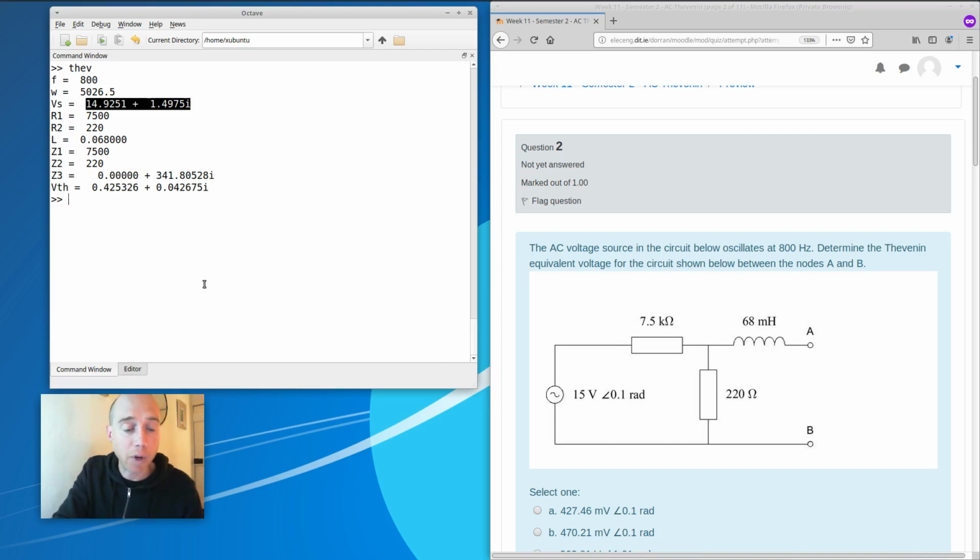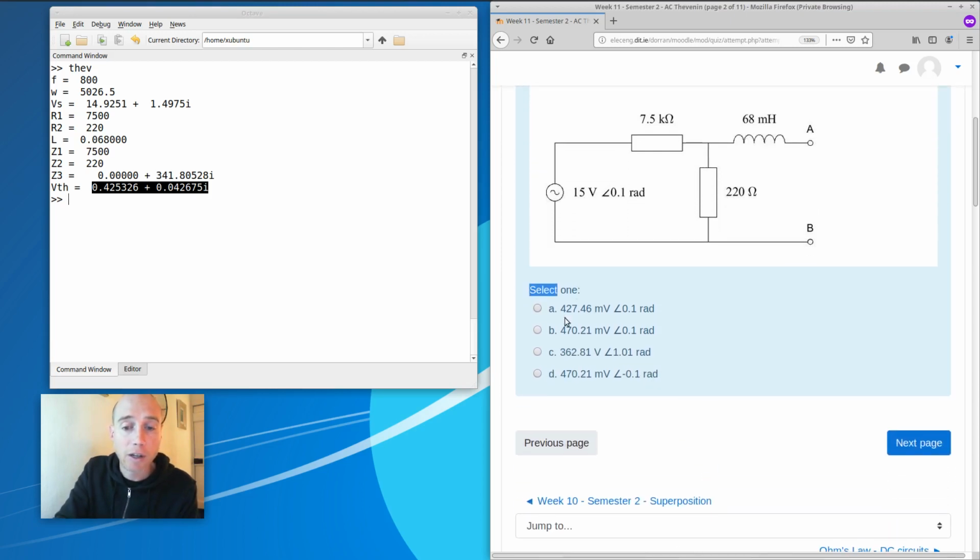So the native representation in Octave for complex numbers is Cartesian form, and one of the problems that causes us is that when we finally see our Thevenin voltage down here, it's in Cartesian form, whereas the answers that we're trying to compare it to over here are in polar form. So that's no problem though.